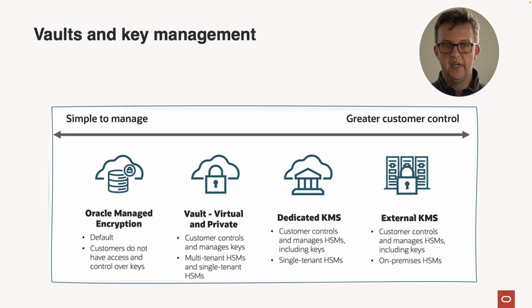Another option is Dedicated KMS, which provides a single-tenant HSM partition as a service, offering a fully isolated environment for key storage and management. The main distinction from Private Vault is the level of control over the HSM partitions. OCI also offers External KMS, which allows you to use your own third-party key management system to protect data in OCI services. You retain control over the keys and HSM outside of OCI.